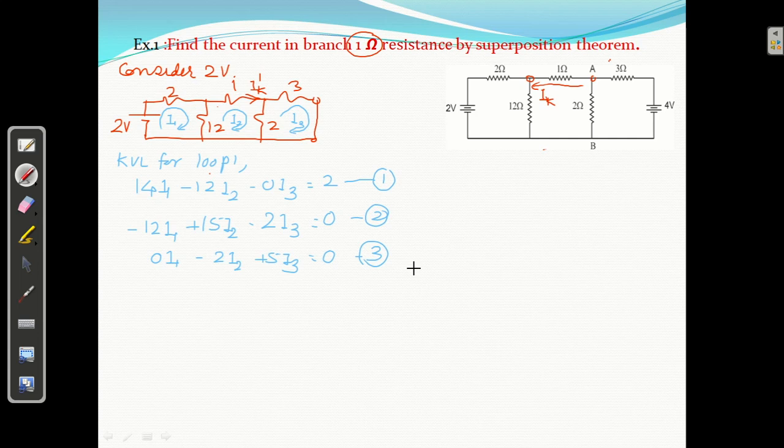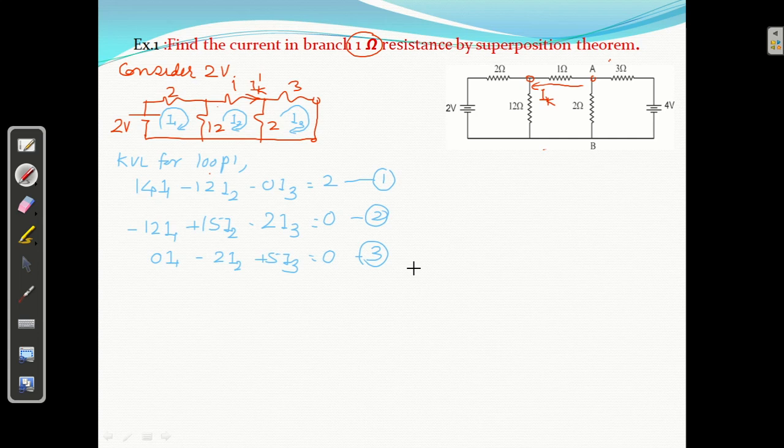How many unknowns? 3. Okay. A1 is what? 14. B1 is what? Minus 12. C1 is what? 0. D1 equal to what? 2. Yes, 2. A2 minus 12.